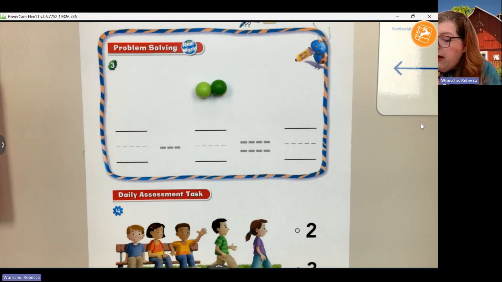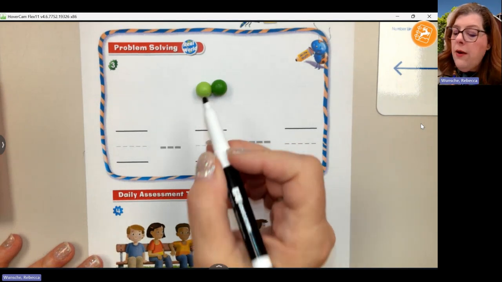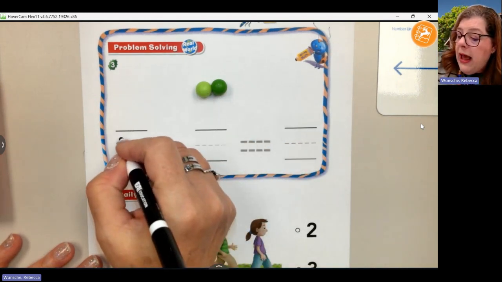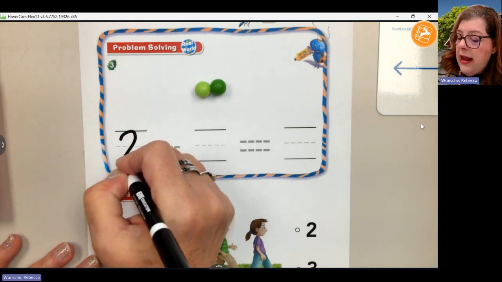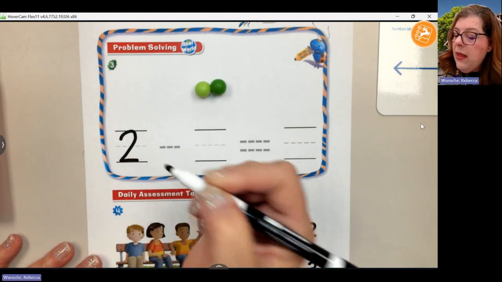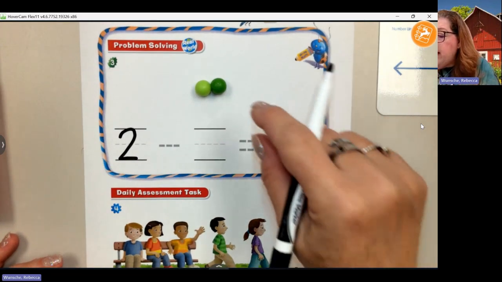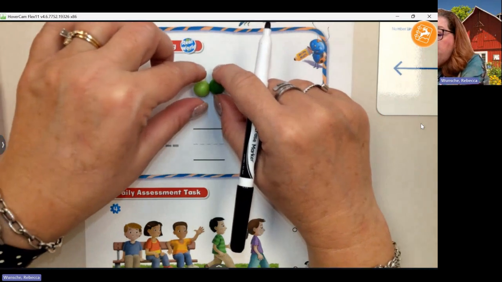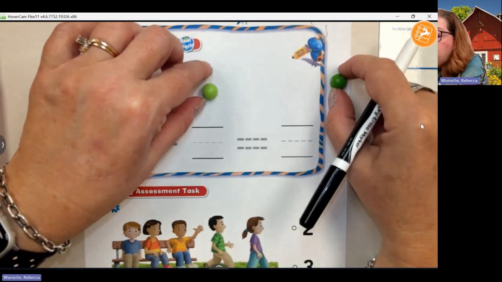So I know when I write my number sentence that I'm starting with my whole number here. So the whole number of marbles that I have is 2. So let's write our 2 in, half a heart, and add a shoe. So we have our 2 marbles, but then it says I'm going to give a marble to my friend. So I'm going to take these marbles apart, and I'm going to give this one to my friend.